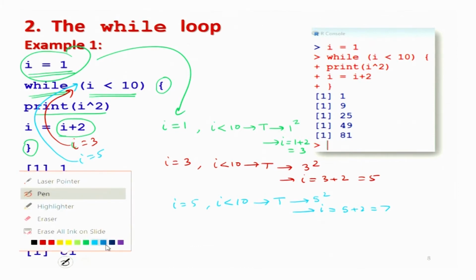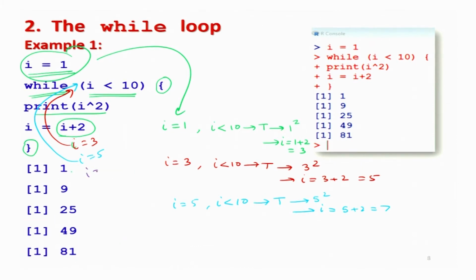Now, you are at a position where I is equal to 7. Once again this is brought to the while loop, and it checks whether I equal to 7 is smaller than 10. The answer comes out to be true, and you print 7 square, and I becomes 7 plus 2, equal to 9.